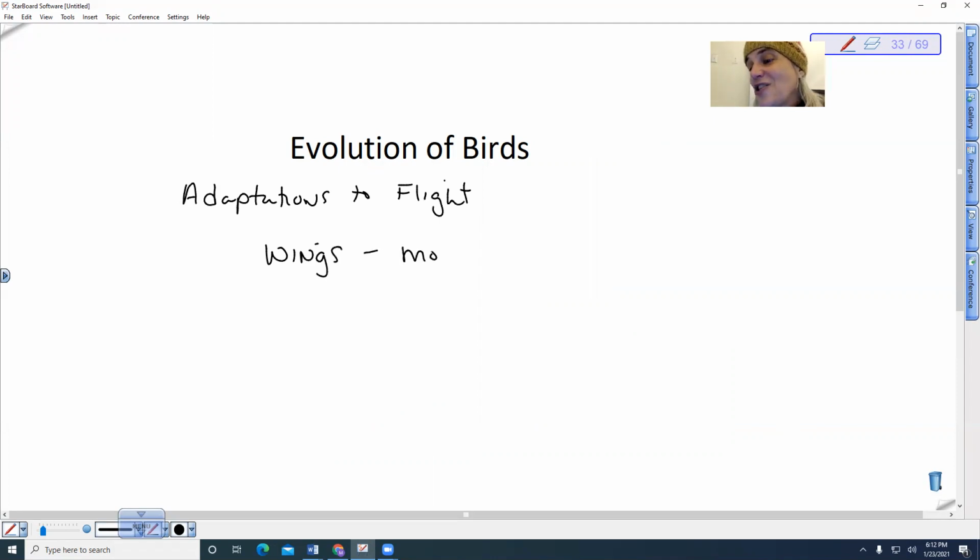These are modifications of the front legs, right? The arms. I really don't think of a lizard as having arms. I mean, maybe a lizard has arms, I don't know. They have 4 legs, right? They're tetrapods. They have feathers. These are modifications of scales.